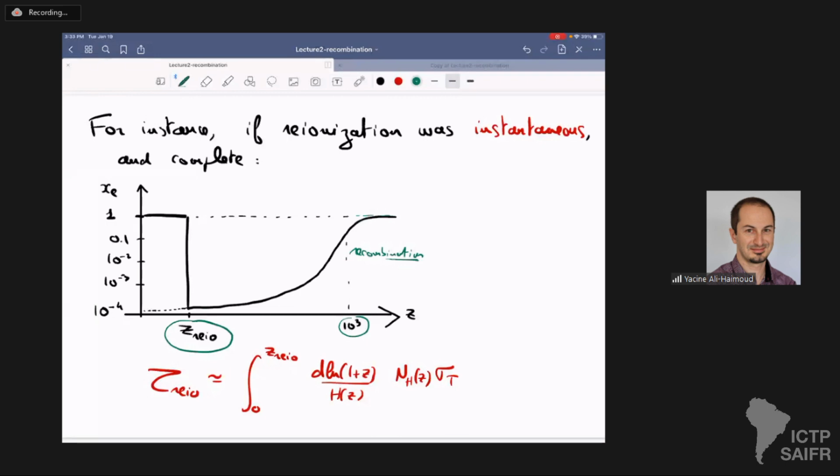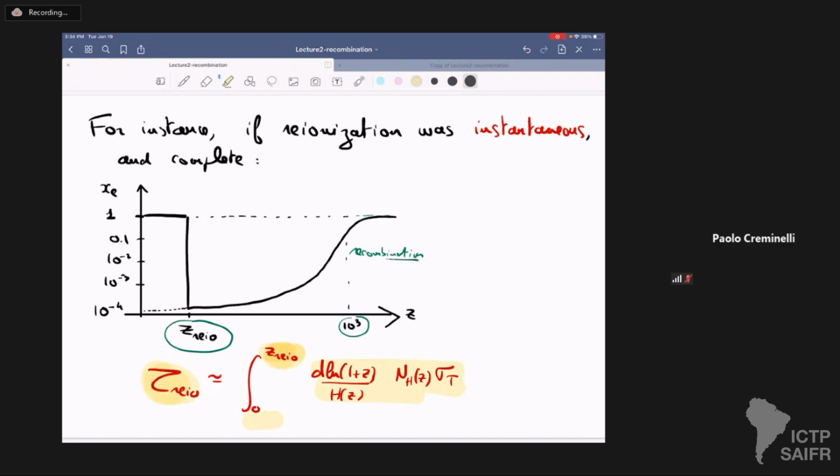So in this simple case, the optical depth to reionization is just the integral between 0 and Z reionization of the Thomson optical depth. One of the things you're asked to do in the homework is to figure out the relationship between tau reionization and Z reionization in a matter-dominated universe or energy-dominated universe, and to estimate, given the Planck measurement, what redshift of reionization this corresponds to.